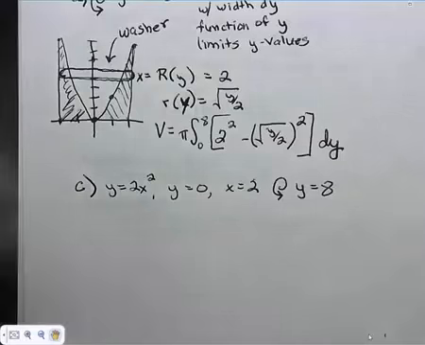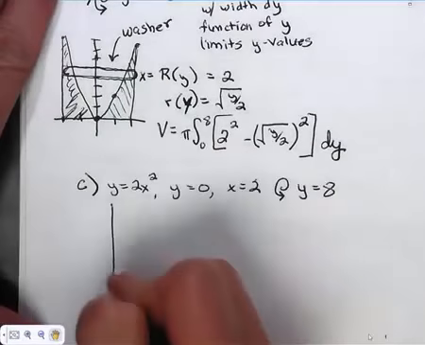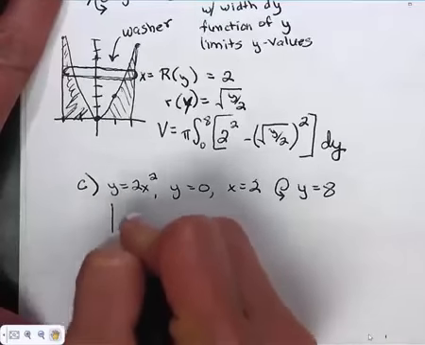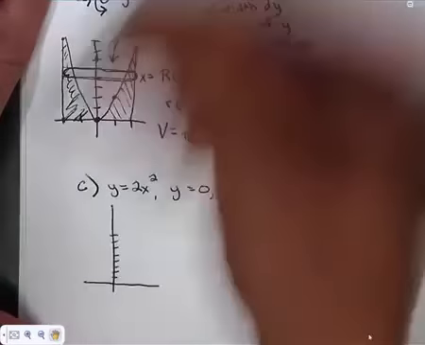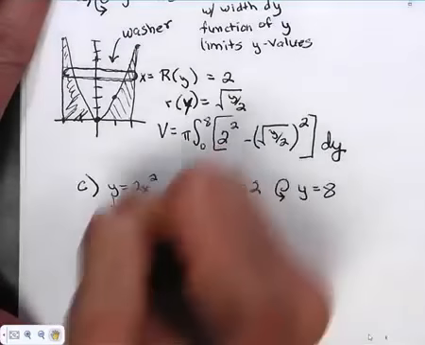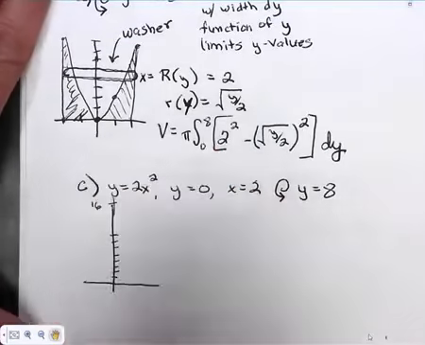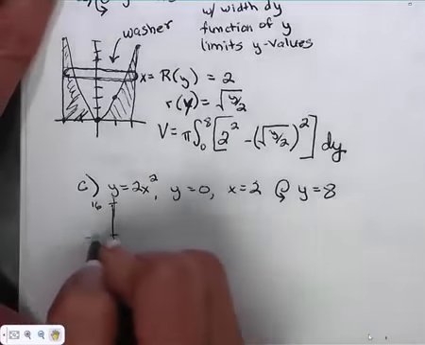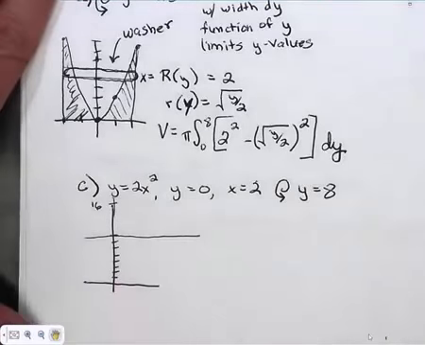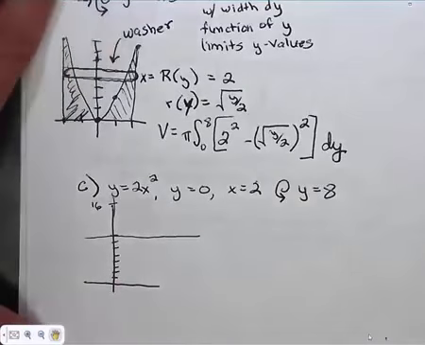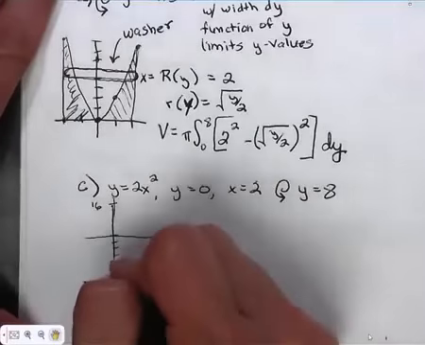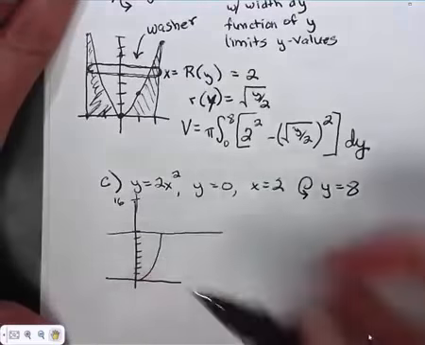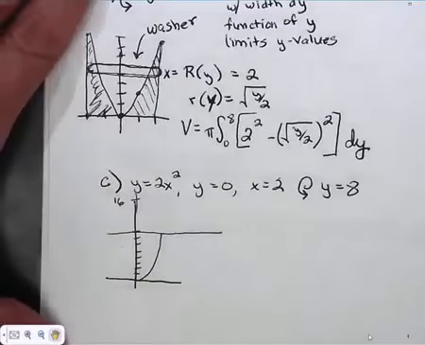So 1, 2, 3, 4, 5, 6, 7, 8. And then if it's going to be flipped around that, I wish I'd counted by 2s, but up here somewhere there's a 16. There's the line y equals 8 that it's being flipped around. And here's my piece of parabola that's going to be rotated around that horizontal line y equals 8.